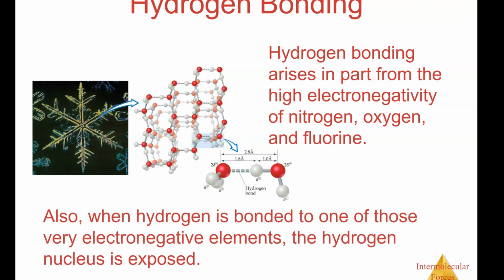So usually you find the H bonding when hydrogen is bonded to nitrogen, oxygen, or fluorine, because those are the most electronegative elements that it's going to bond to. And that's going to cause the hydrogen to have that pull of the exposed nucleus of the hydrogen, because the electrons are being pulled by the electronegative element that it is bonded to.